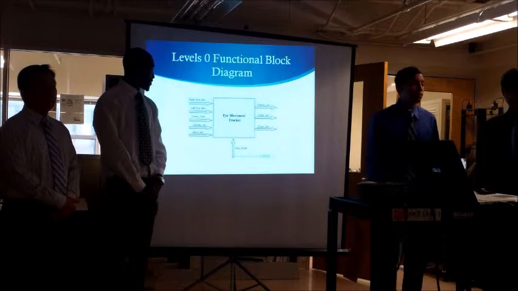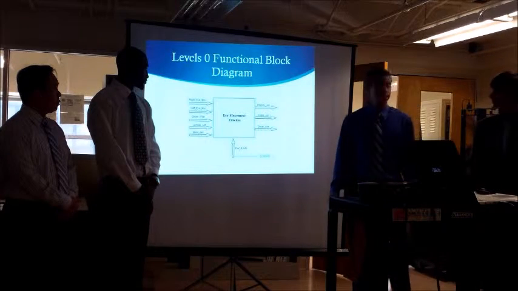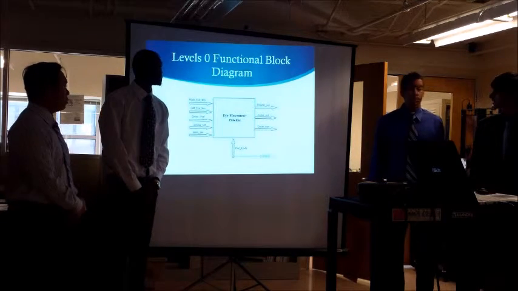This is our level function block diagram, which is just a broad overview of what our system does. You guys want to chime in here about our inputs and our outputs?